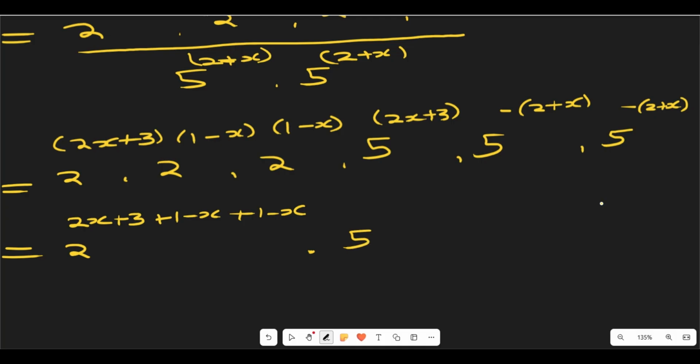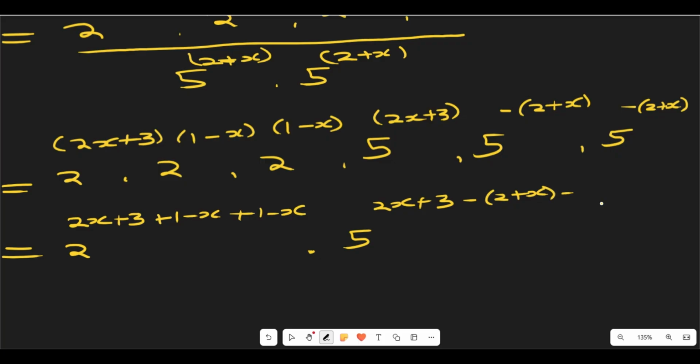You say 5 to the power, you add the indices as well, but here it's tricky because it has negatives. So you can only remove the bracket of this one. This one you keep like that so that you can observe when the sign changes. So you say 2x plus 3, but when you add the indices, it's the same as saying minus 2 plus x.